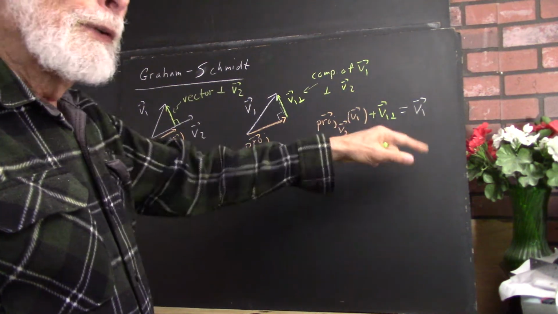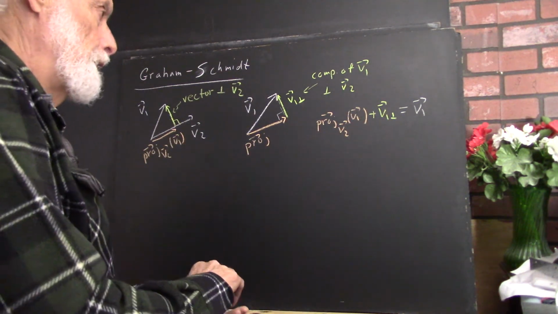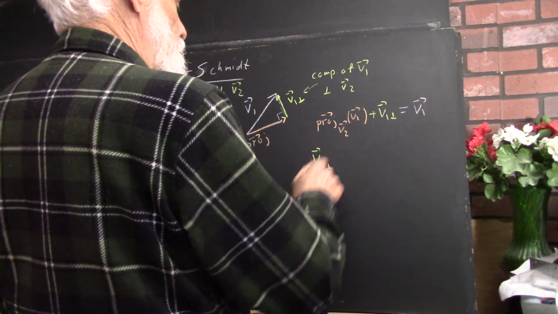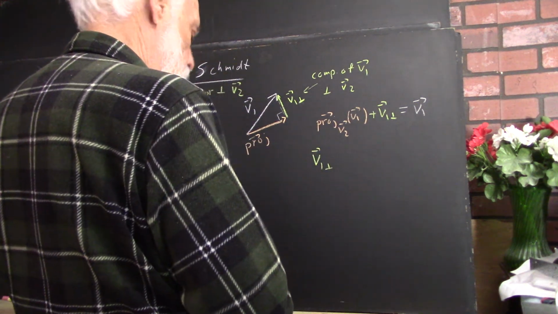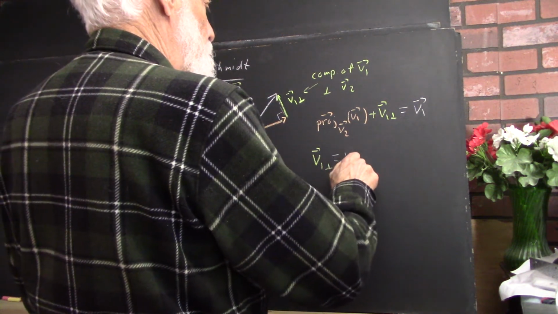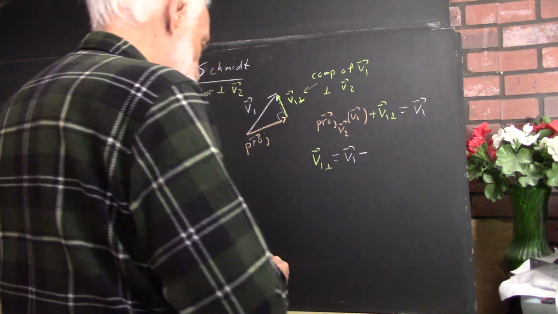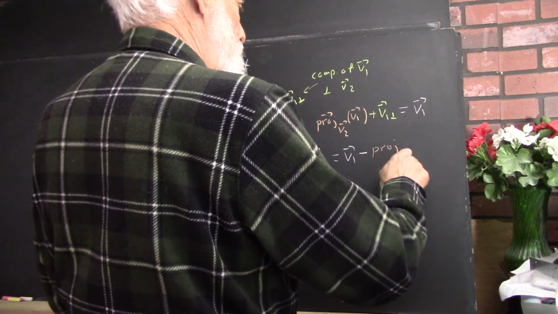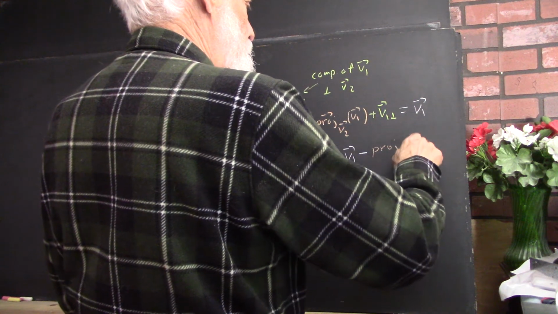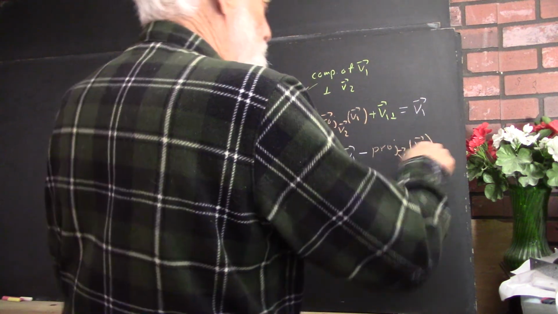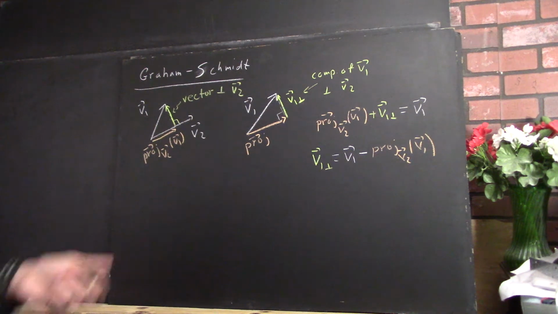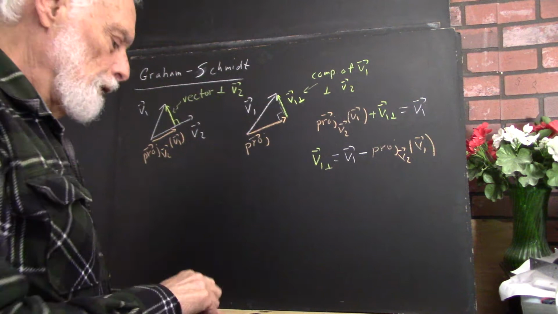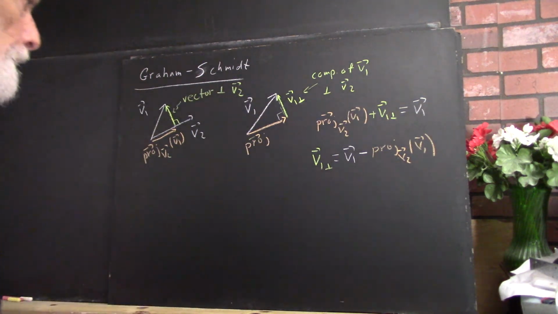Let's subtract this from both sides, so that v1 perpendicular equals v1 minus this projection. That's it. So now we have two perpendicular vectors. Okay?